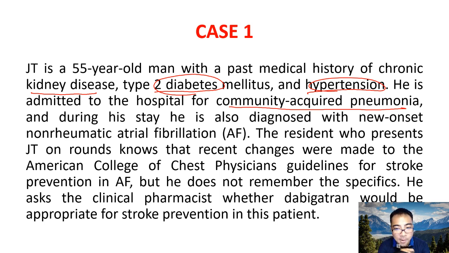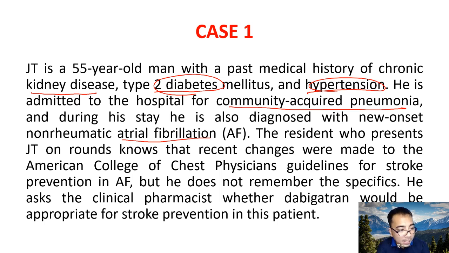And during his stay, he is also diagnosed with atrial fibrillation. The resident who presents JT on rounds knows that recent changes were made to the American College of Chest Physician guidelines for stroke prevention in atrial fibrillation, but he does not recall the specifics. He asked the clinical pharmacist whether the dabigatran would be an appropriate medication for stroke prevention in this patient.